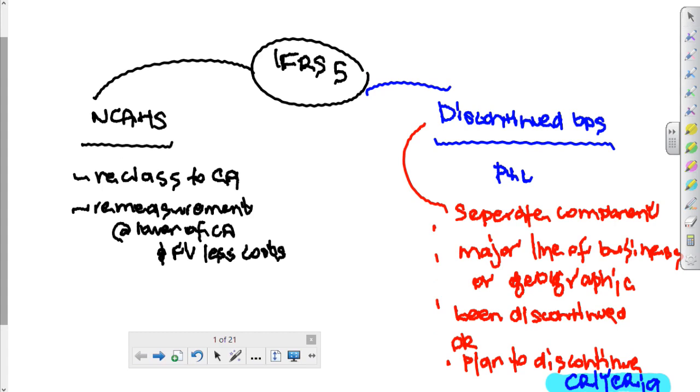When we have a discontinued op, we will always have a non-current asset held for sale or a disposal group, isn't it? Because I have a discontinued operation, and in that discontinued operation, there will be non-current assets that I'm selling, or the whole group of assets that I'm selling, isn't it? So discontinued operations always have non-current assets held for sale.